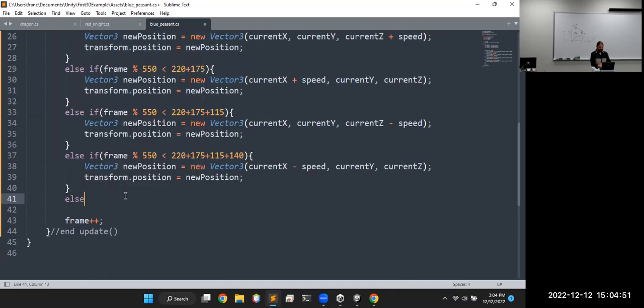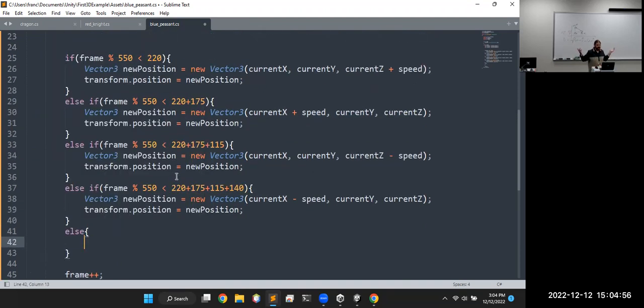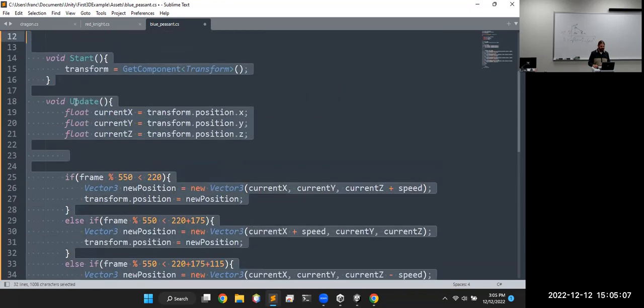And then this time we do need an else. So we're still doing the same thing. We're going to move in some direction. Actually, I'm going to abbreviate this one even shorter. That way it looks quite a bit different.